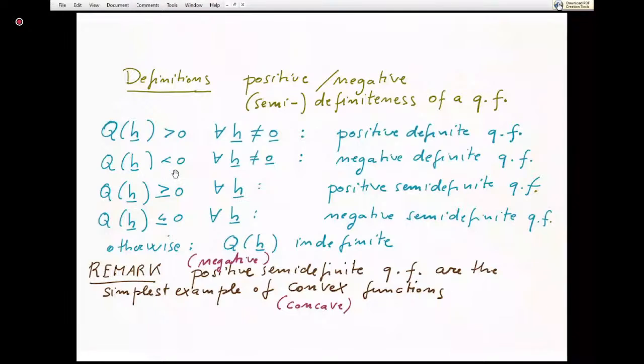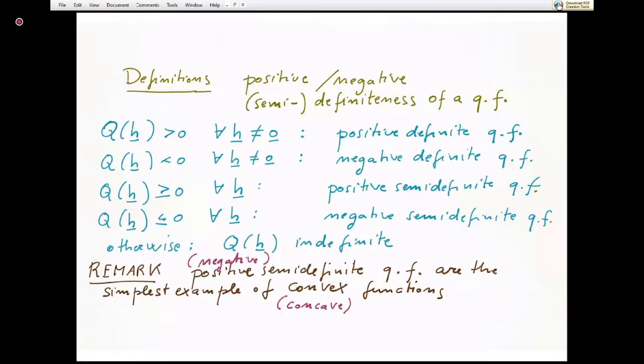If it is always negative, we say that it is negative definite. If it is always non-negative, it can also be 0, not just when h is 0, but also in other cases. Anyway, it is non-negative, and we say it is positive semi-definite. When it is always non-positive, we say that it is negative semi-definite.